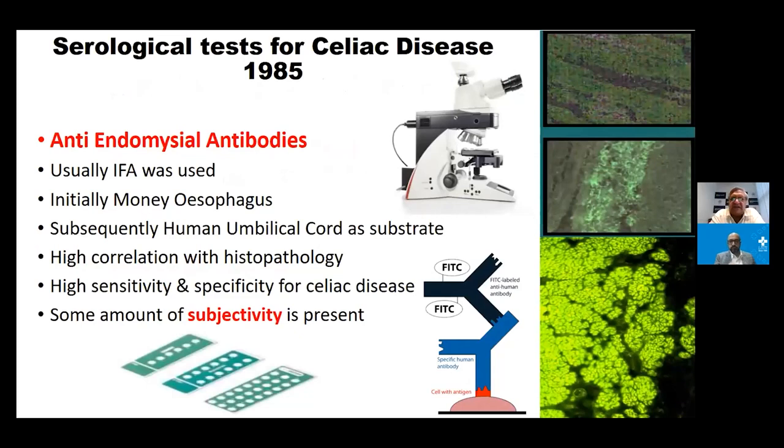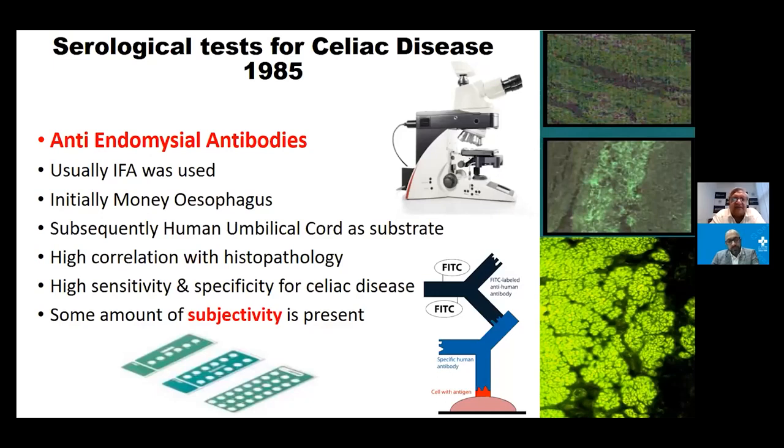The serological test recommended as the best method was described in 1985, in which they found that anti-endomysial antibodies, usually detected by indirect immunofluorescence assay, initially using monkey esophagus as the tissue and subsequently human umbilical cord as the substrate, would give high correlation with histopathology.